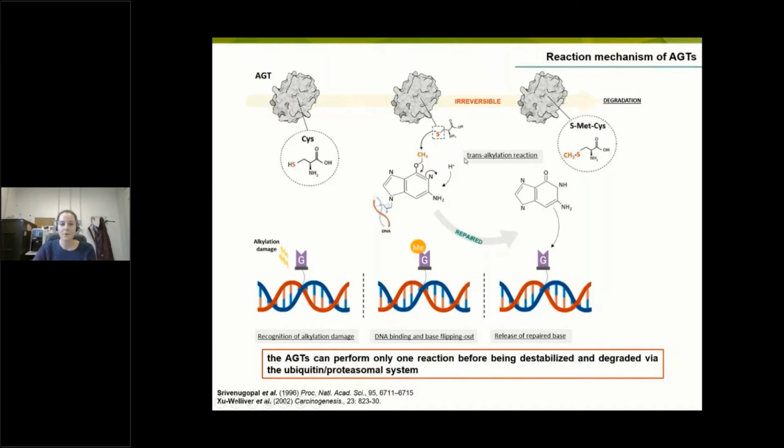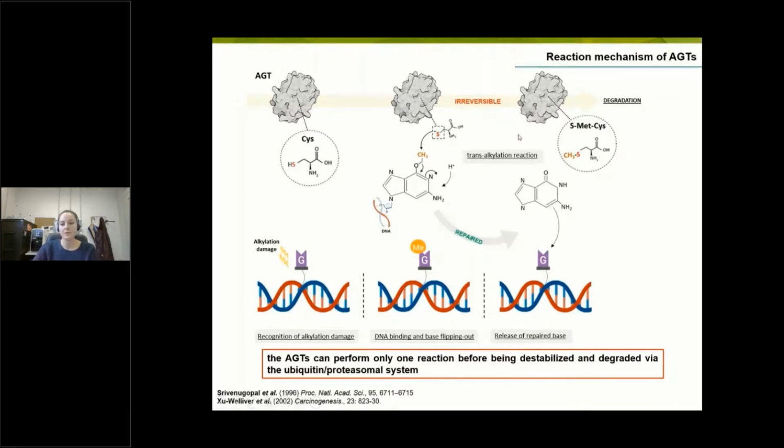So at this point, after a transalkylation reaction, the alkyl group, in this case a methyl group on the O6 position of guanine nucleobases, is irreversibly transferred to the cysteine residue, and the repaired base is released and returns in the double helix. At this point, the protein is initiated to the degradation pathway via the proteasomal system.